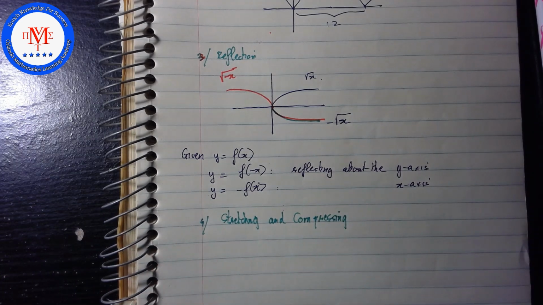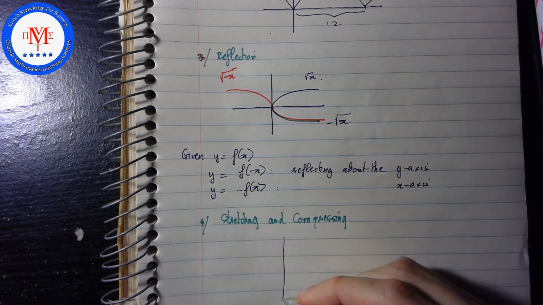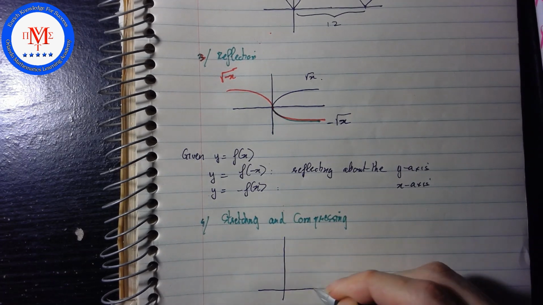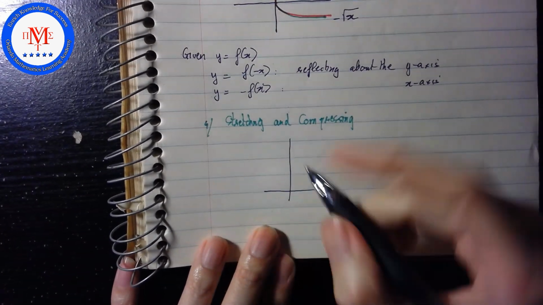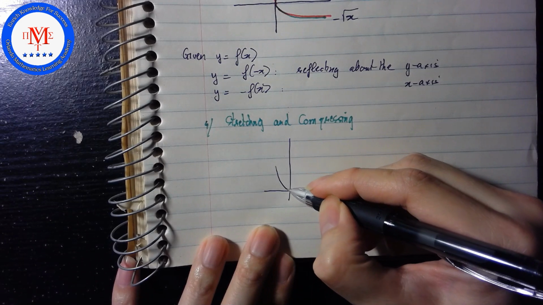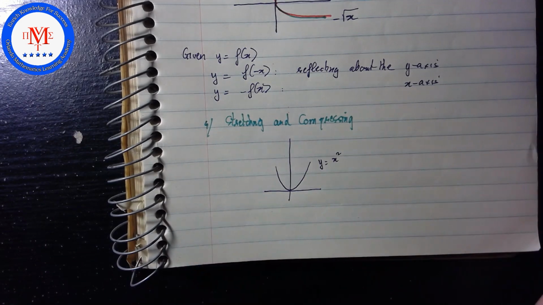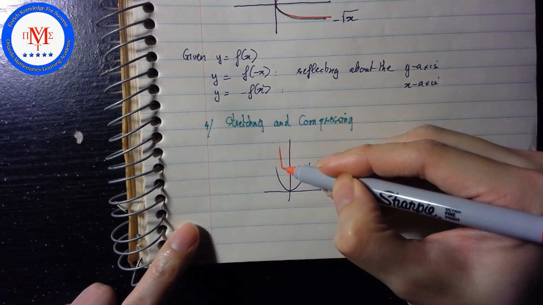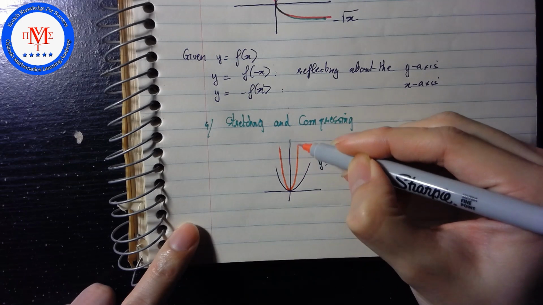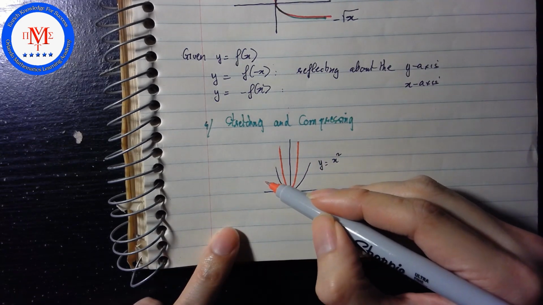For example, if I have a basic quadratic function, y equal to x squared, the new function by stretching vertically could be like this, or compressing vertically, it becomes like this.